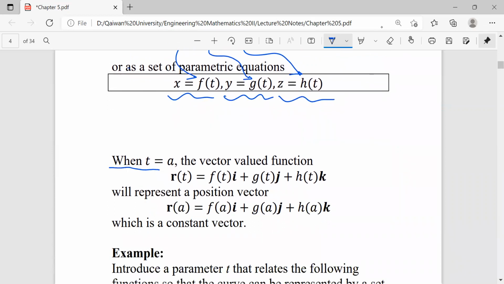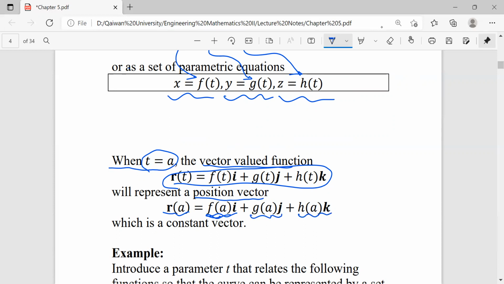When t is a constant, the vector valued function r of t becomes a position vector or a constant vector. When you replace t by a, we get a constant vector, r of a equals f of a times i plus g of a times j plus h of a times k.